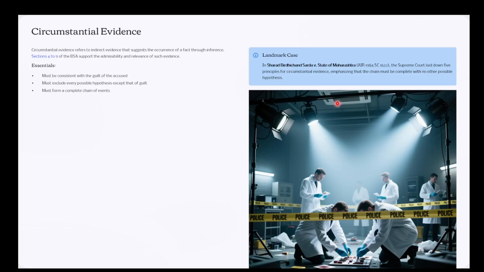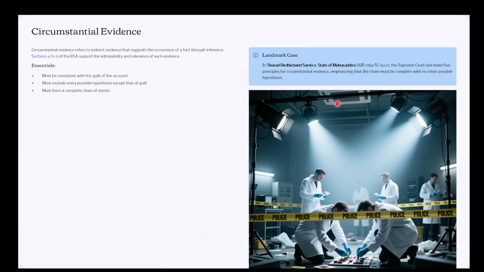The essentials are that circumstantial evidence must be consistent with the guilt of the accused and must exclude every possible hypothesis except that of guilt, and must form a complete chain of events.